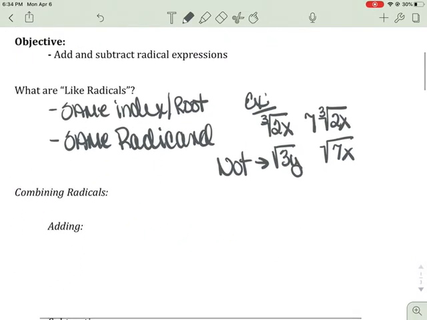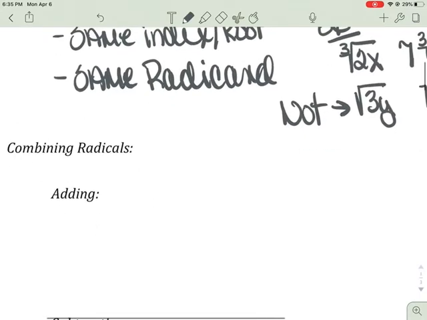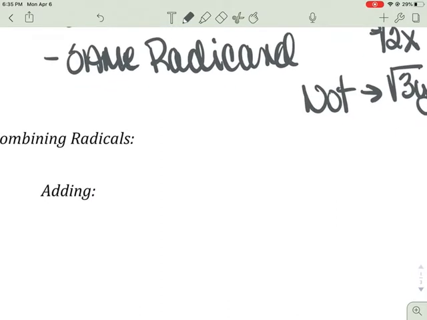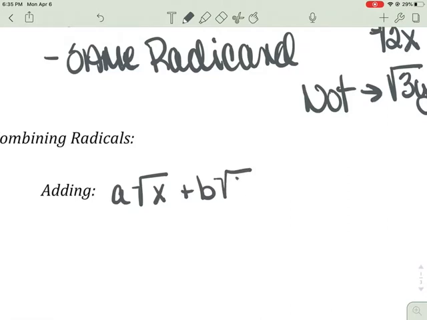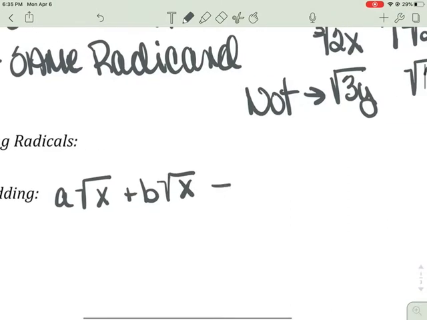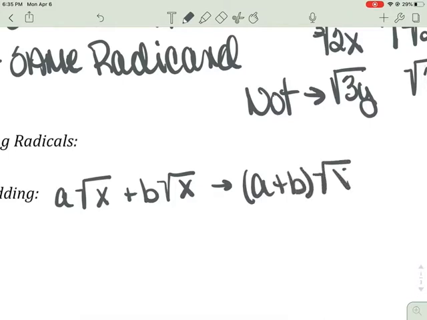So we want to make sure it meets both criteria before we can start working with it. If we're going to add and subtract radicals, they have to be alike: same index, same root, same radicand, or else we can't do it. But when we're adding, we think of it almost like adding and subtracting variables; we're going to add the coefficients. So if it's a square root of x plus b square root of x, we add a and b and leave the square root of x.